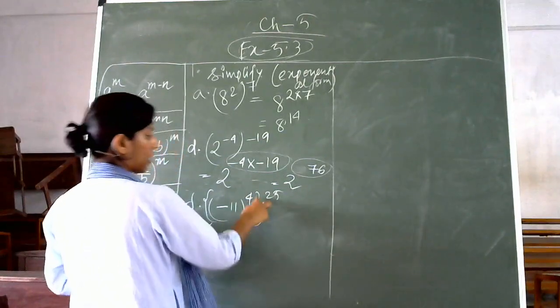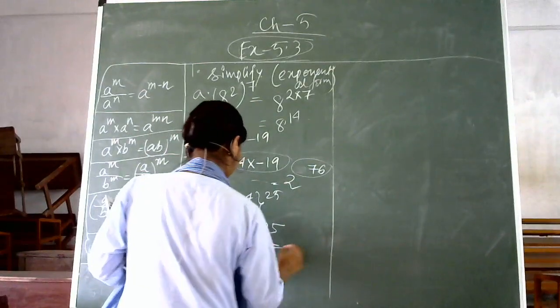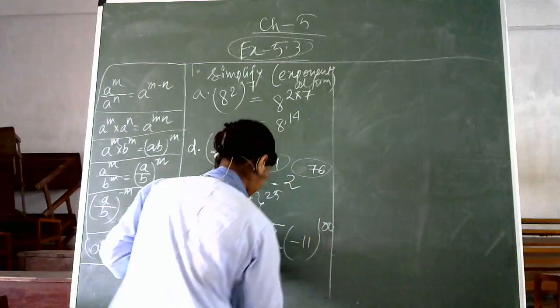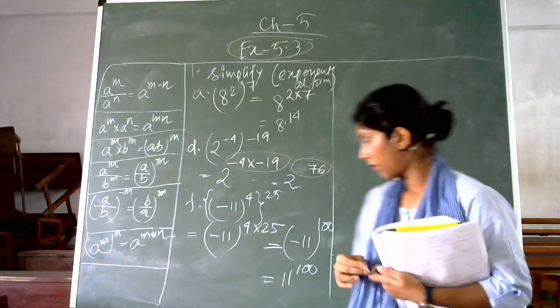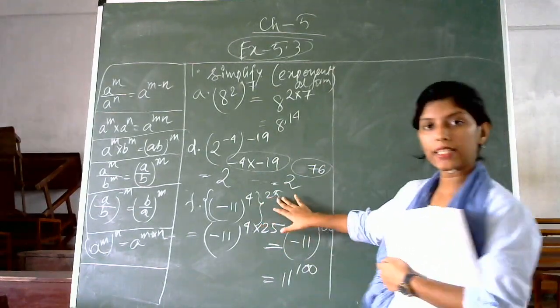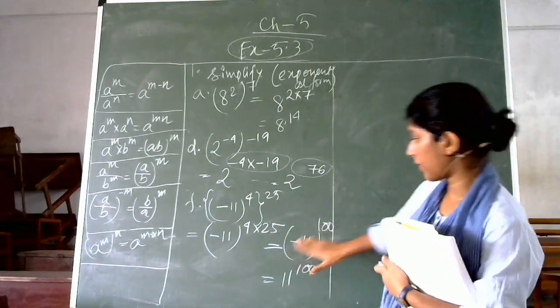One power is 4 and the other power is 25. What I said, power to the power, it gets multiplied. So 4 into 25 is how much? 100. So minus 11 to the power 100.